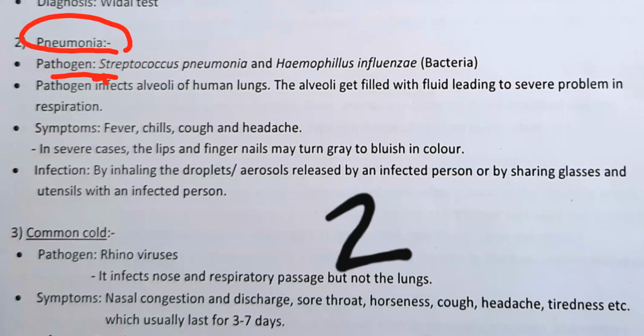Another one is Haemophilus influenzae. Haemophilus influenzae and Streptococcus pneumoniae are the two bacteria responsible for causing pneumonia. These are the pathogens which cause infection of the lungs, the lower parts of the lungs.